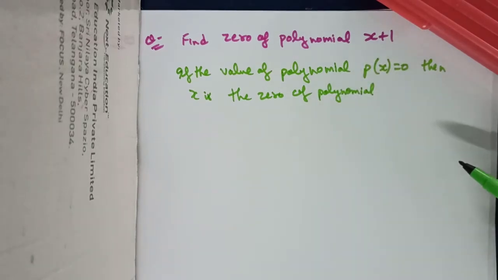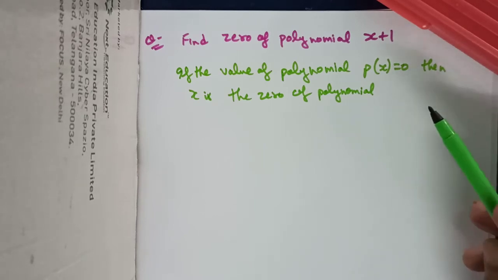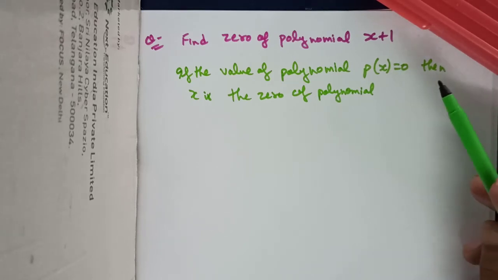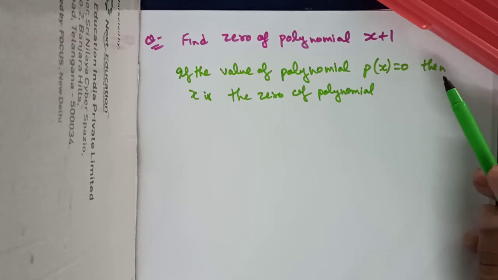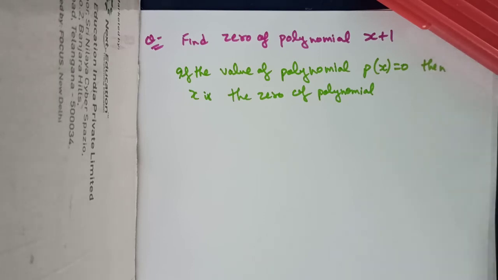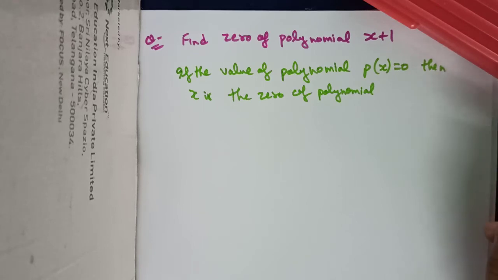The definition of the zero of a polynomial was: the zero of the polynomial is that value of the variable at which the value of the polynomial is equal to 0. So if we substitute any value for the variable and the value of the polynomial comes out equal to 0, we call that value of the variable the zero of the polynomial. Similarly, if on substituting the value of the polynomial is 0, then the value of the variable in that polynomial will be the zero of the polynomial.